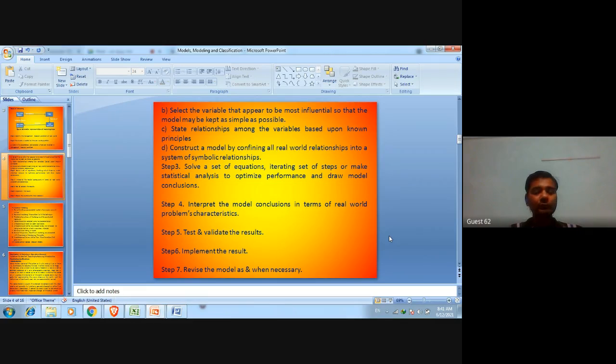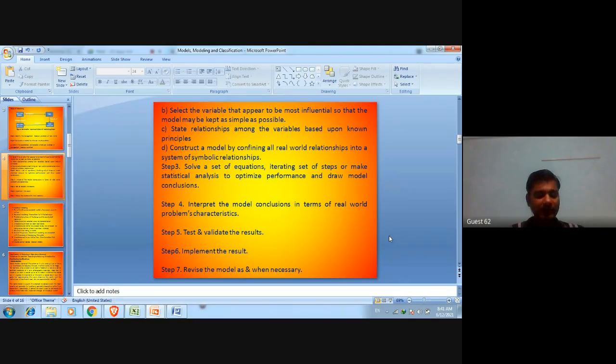Okay, again, revise the model when necessary. Means now you have to revise your model from time to time. Actually you have to control your model as per the factors you have used.